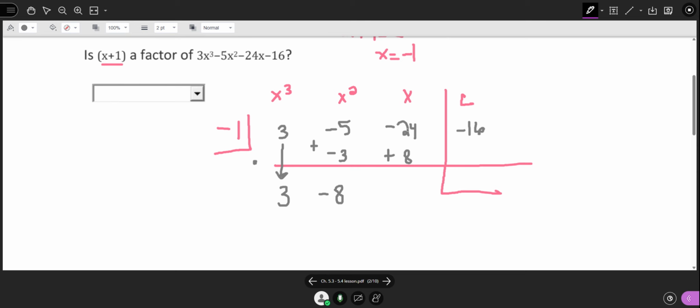Now, if you owe $24 and you pay 8, you still owe. How much do you owe? You owe 16. Use Mr. Goodbuddy. Now, negative times negative is positive. 1 times stuff is stuff. I get a 0. So, yes, this is a factor.